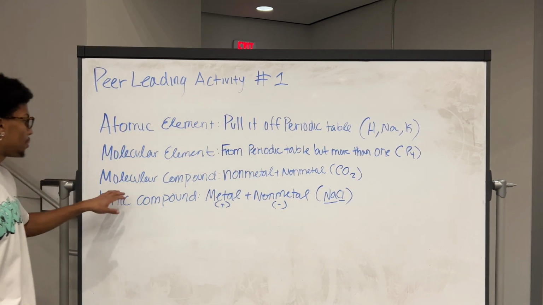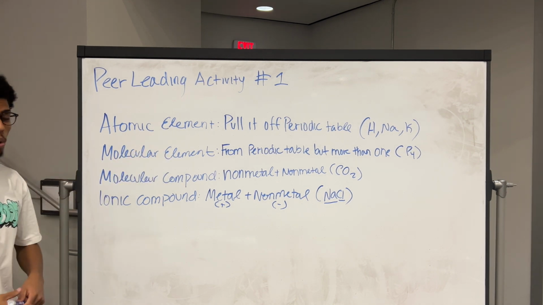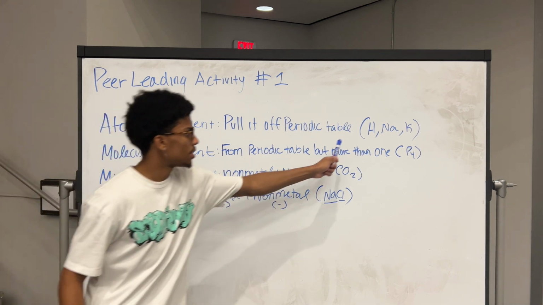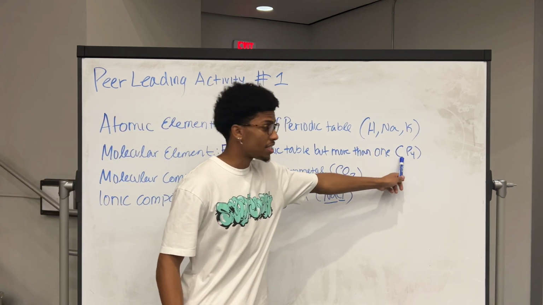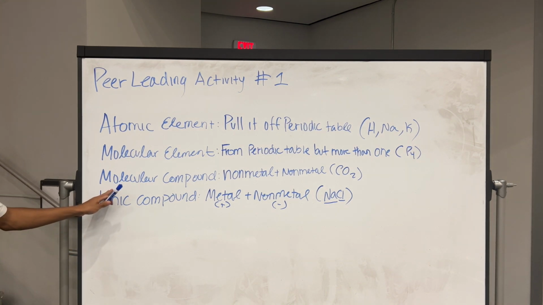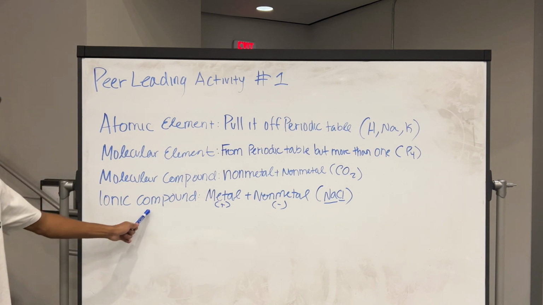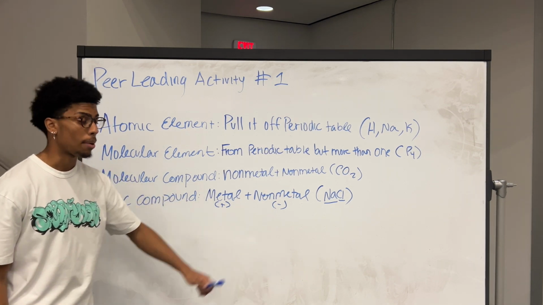So that would be a molecular compound, okay? Again, element is singular or the same, so singular or 4 of the same thing. Molecular compound, non-metal, non-metal. Ionic compound, metal and non-metal.